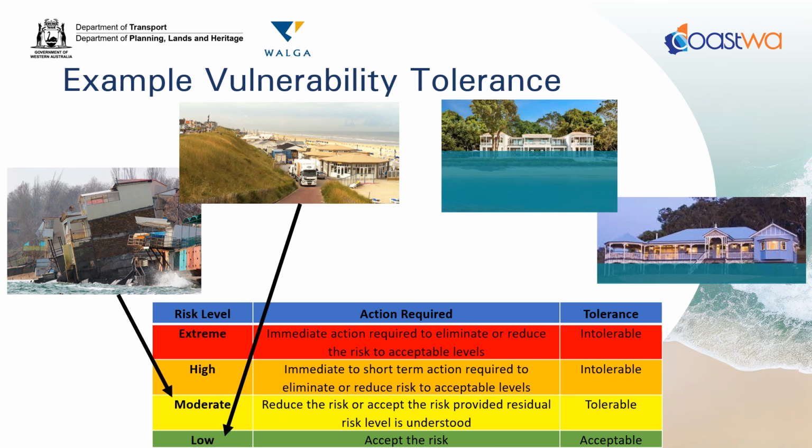For the transportables, this is low and it's an acceptable level of vulnerability. For our inundation of the standard slab on ground house, we have an extreme level of vulnerability, and that's intolerable and needs to be actioned immediately. And for the Queenslander style house, it's a high level of vulnerability. It's also intolerable, but there's immediate to short term action required. So it's not quite as imperative as it is for the other example where the slab is on the ground.